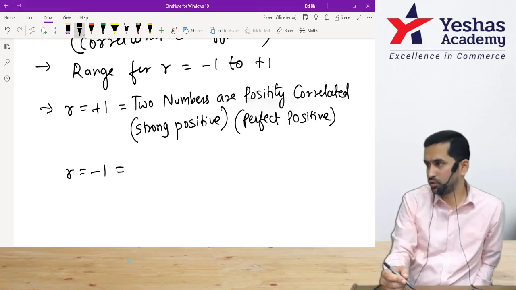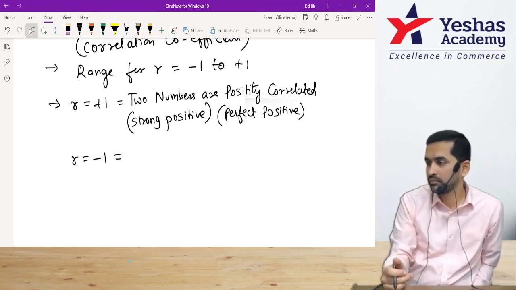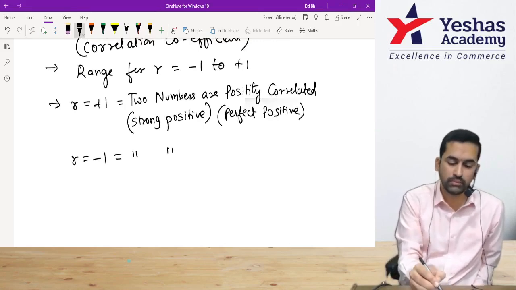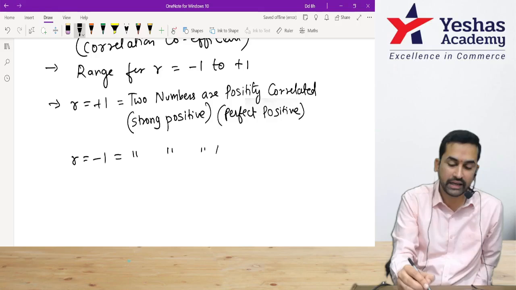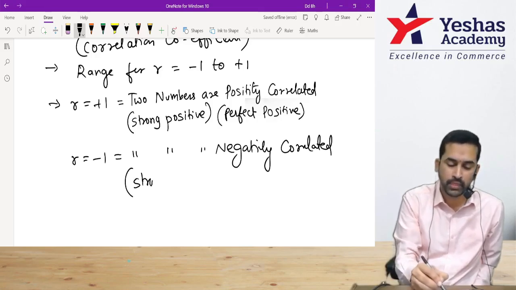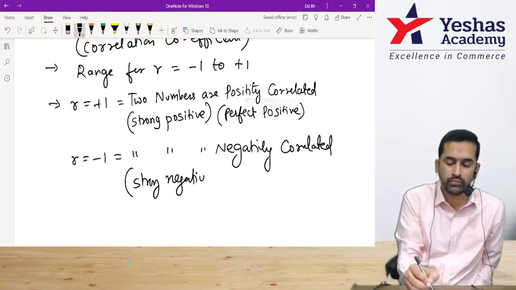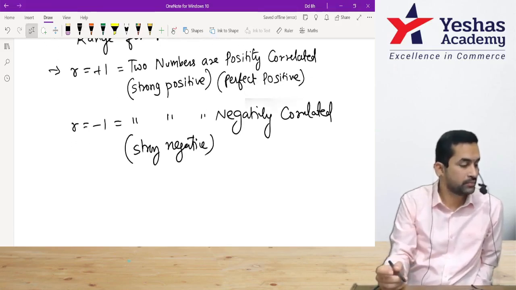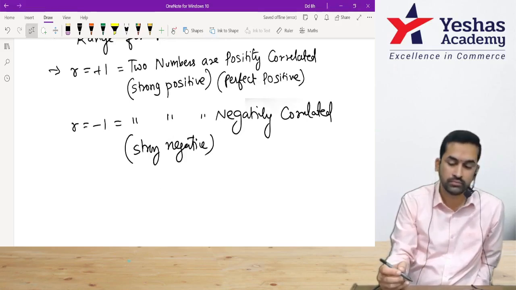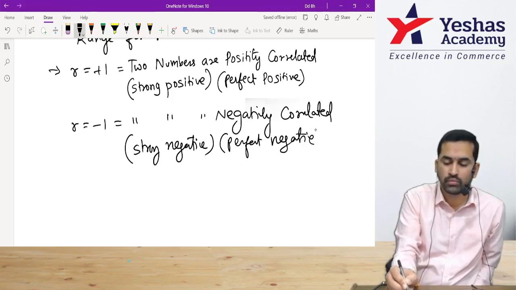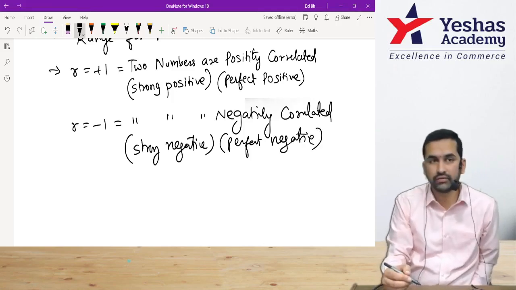Second, R is equal to minus 1. What is this now? Two numbers are negatively correlated. In bracket, strong negative, perfect negative.